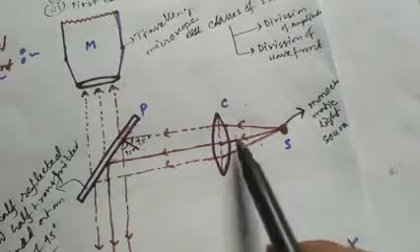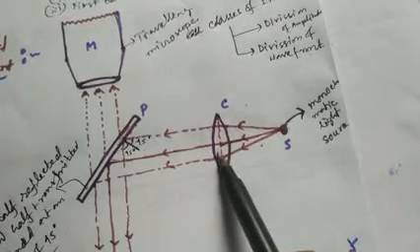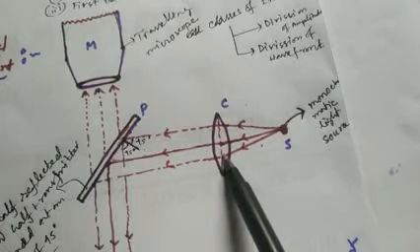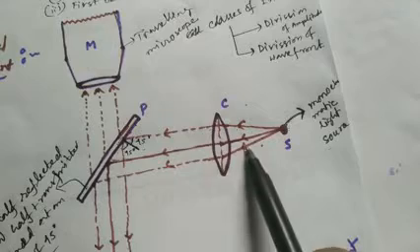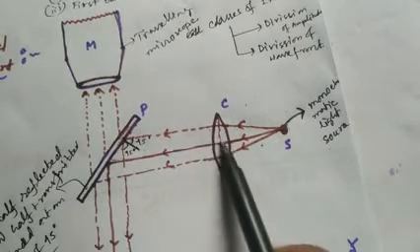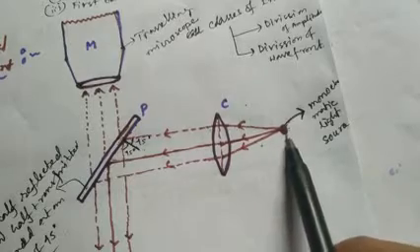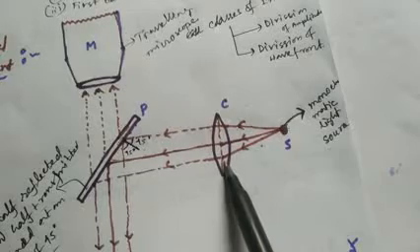Now, why is S a monochromatic source, and why do we use the lens? The divergent rays are made parallel by the convex lens. The source S is placed at the focal plane of the convex lens.